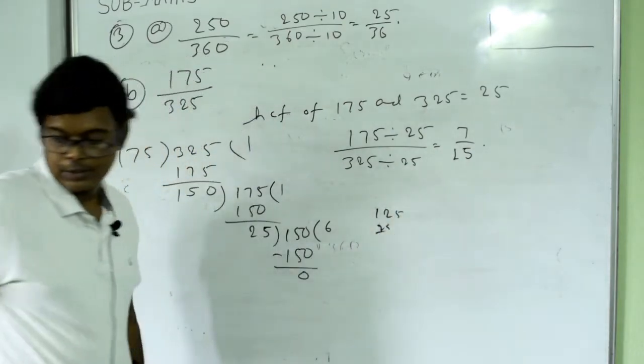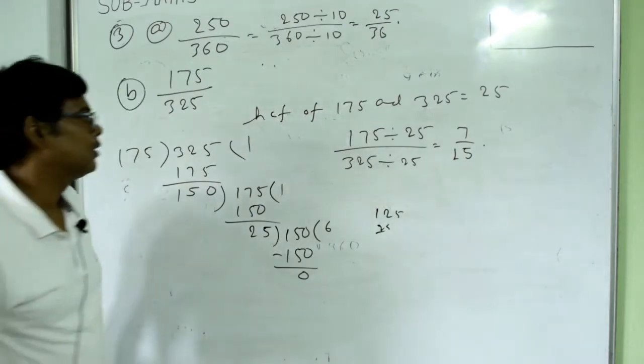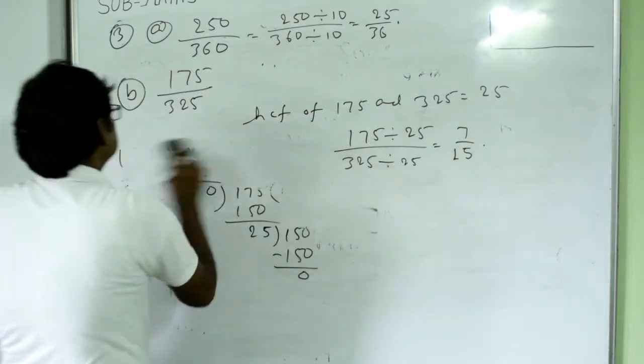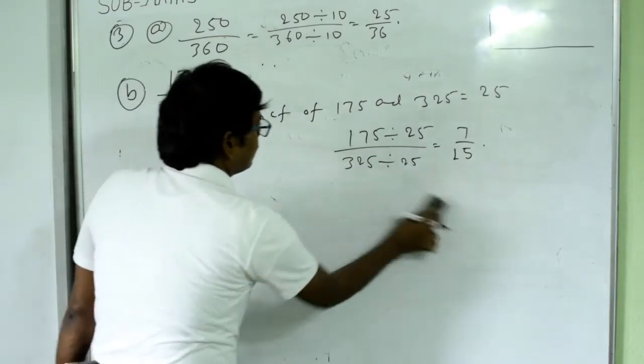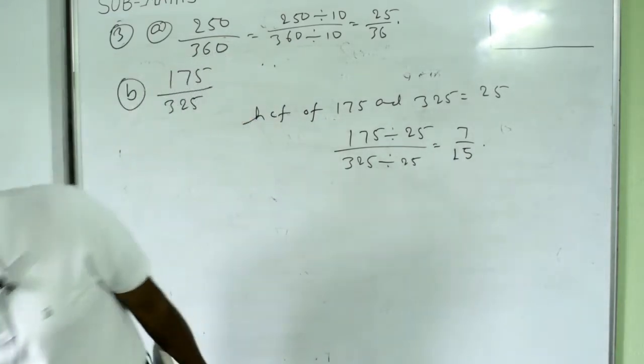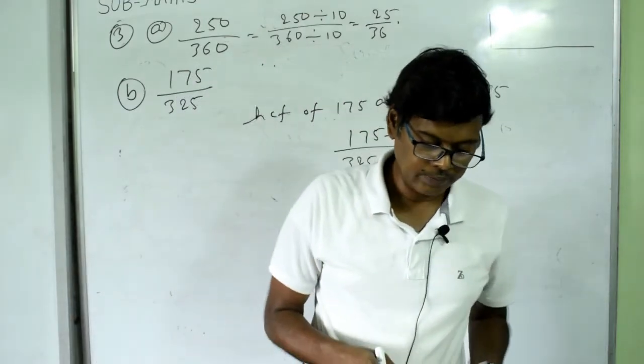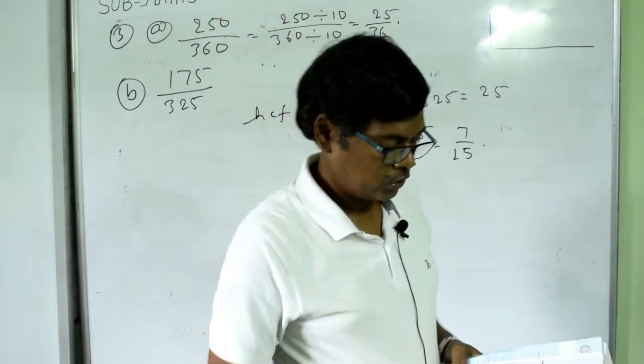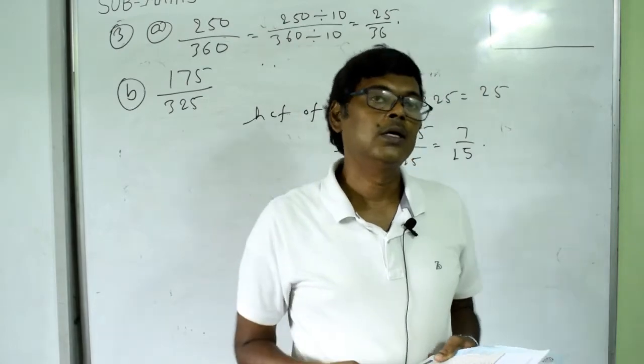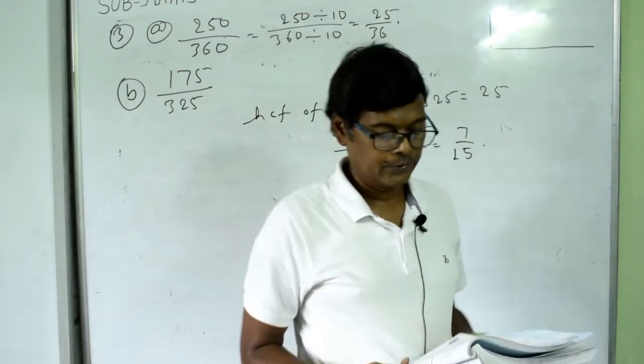Yes, okay. This is the answer of this question. This is the simplest form of this fraction. So in this way you can find the simplest form, and other questions can be done like this, okay. So you will find the HCF and then divide the numerator and denominator by the HCF.